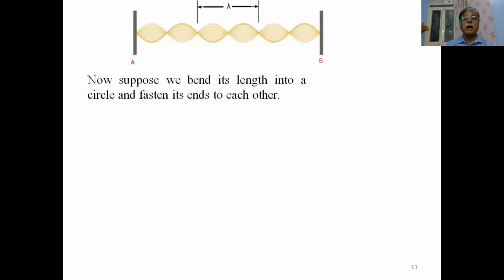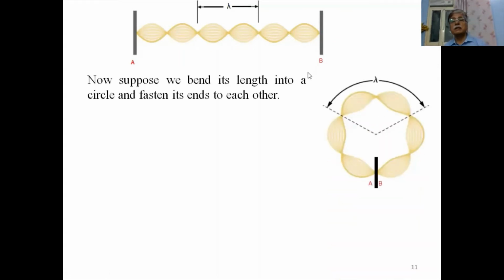Then we will have a picture like this. So A and B coming together are here, and all the 6 loops are fitting onto this, you can see. And this is what the wavelength lambda is that we have shown over here.